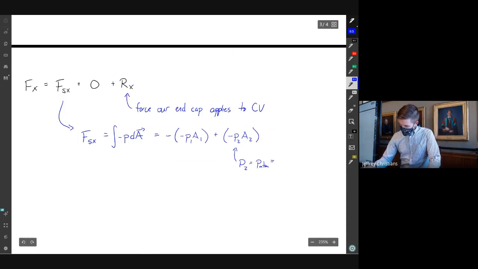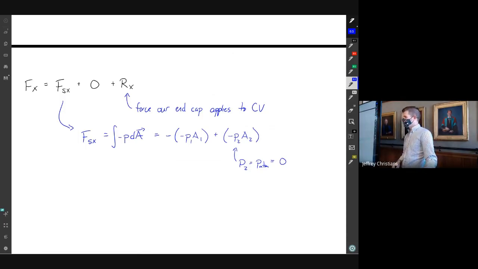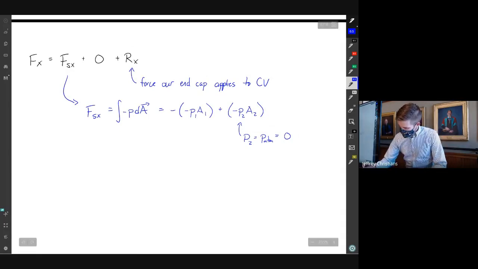Our P2 is atmospheric pressure. So this is why gauge pressure is nice, because we don't even have to worry about that term. So this equals just P1 A1.